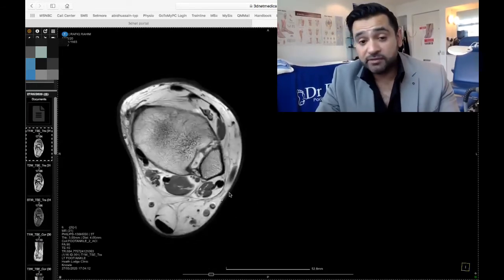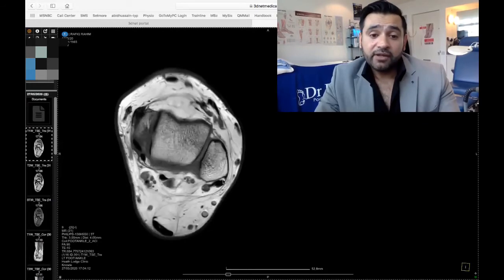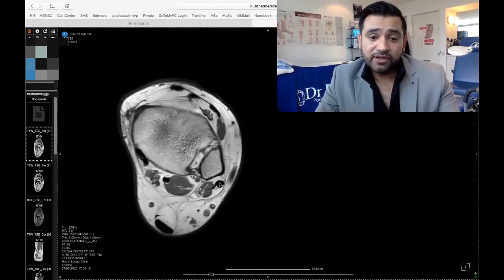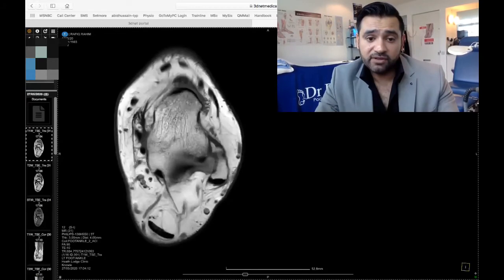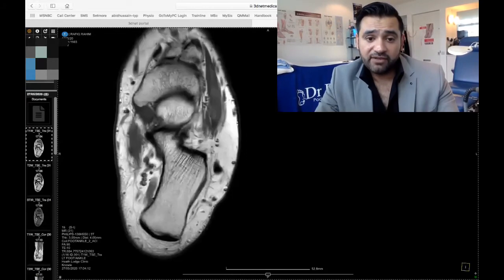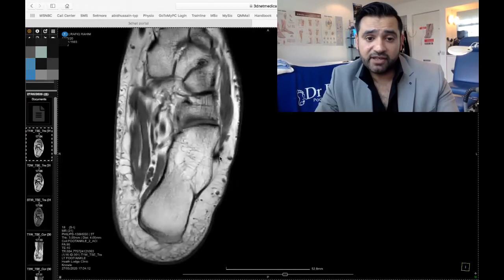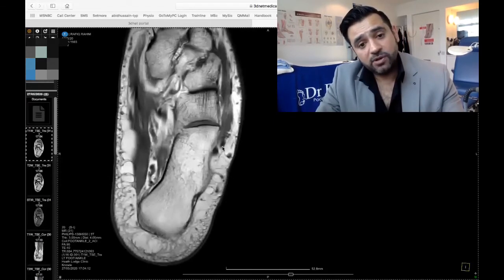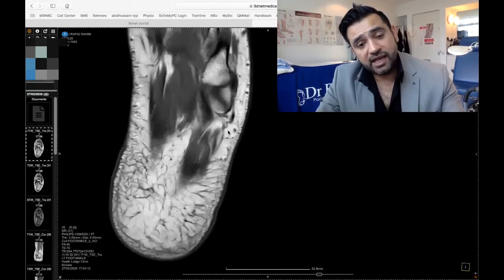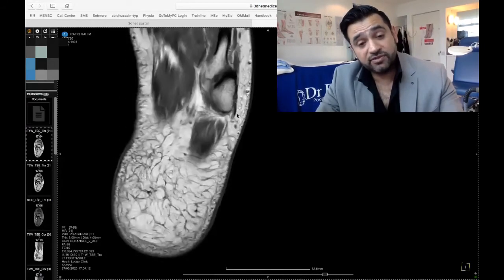Let's look at the peroneals. If you look at the one that's closest to the bone, that will be peroneus brevis, and you'll see them separate just there. Peroneus brevis will attach to the outer aspect of the base of the 5th metatarsal, just there.